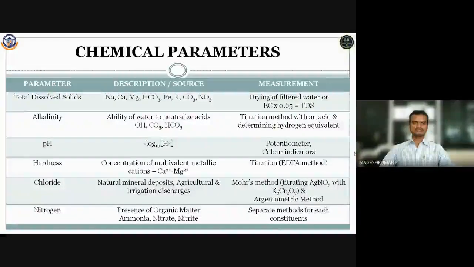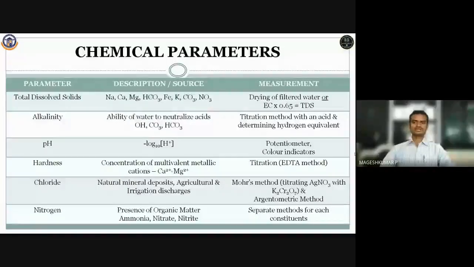Here also, drying of filtered water and weighing the residue gives you the dissolved solids, and approximately we can measure the dissolved solids by multiplying the electrical conductivity by 0.65.